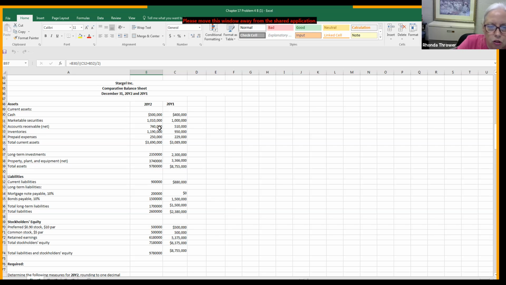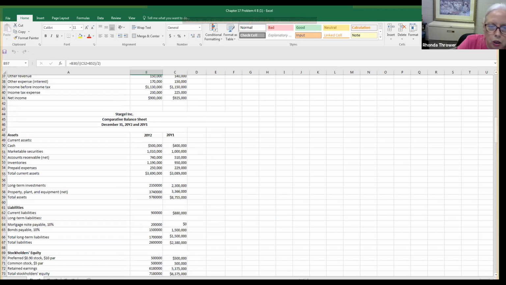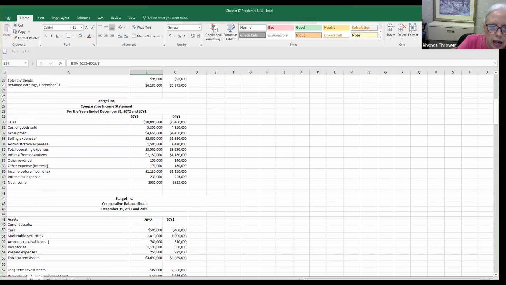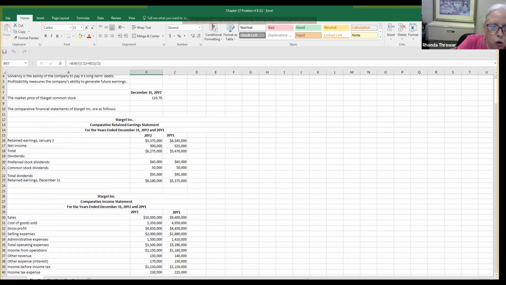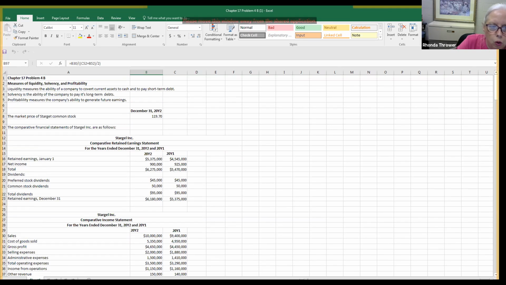Find your average accounts receivable first, and then divide it into your sales. Now, your sales would come from your income statement. And since we're doing this for 2000 and Y2, the income statement sales amount would be 10 million.